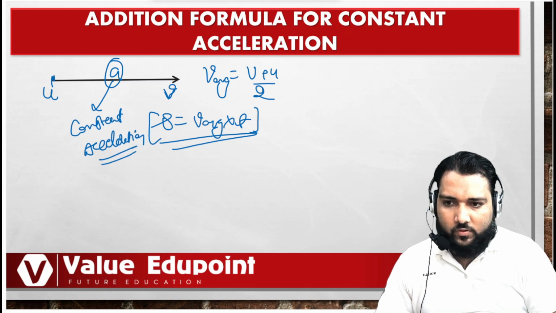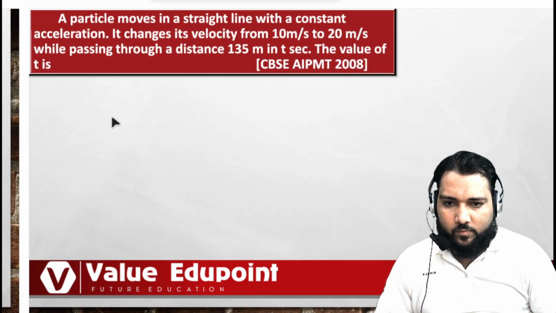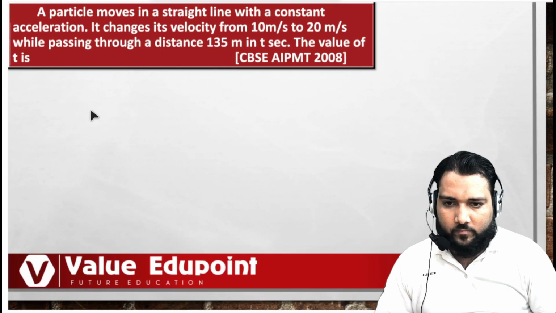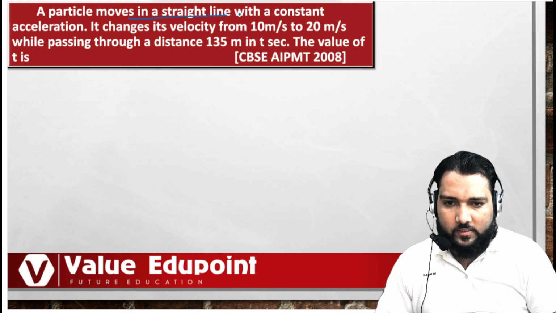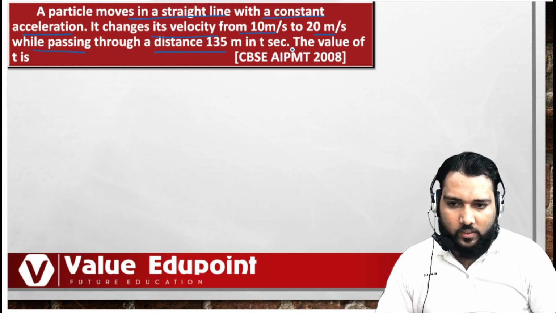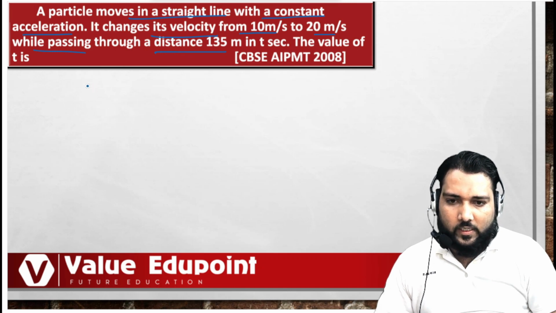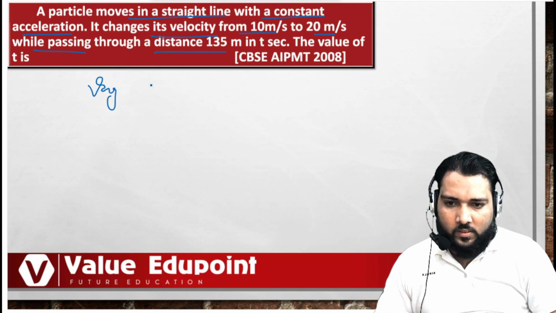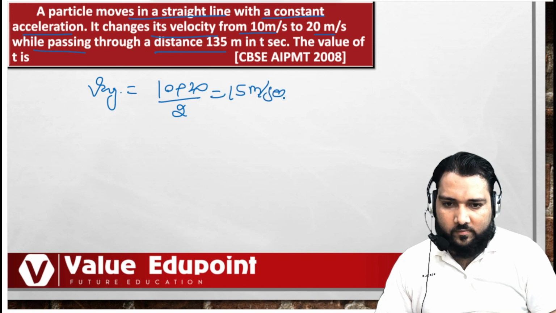So where it will be used, you can see in some problems, guys. Okay, in this problem, look at this. A particle moving in a straight line with a constant acceleration changes its velocity from 10 meter per second to 20 meter per second while passing through a distance. Find the value of time t. So again, we can take the average velocity, that will be 10 plus 20 divided by 2, that will be 15 meter per second.